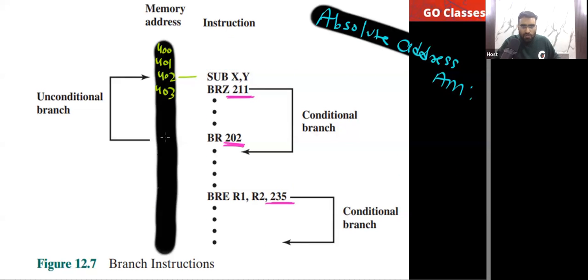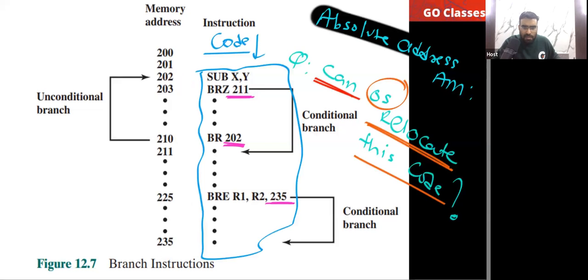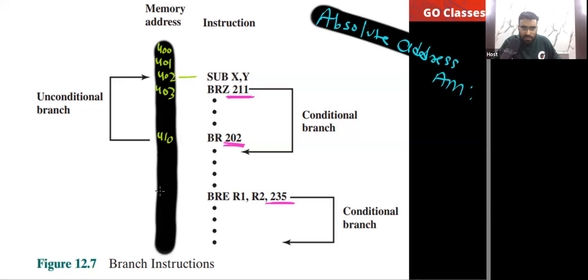And then 410 is this. And then 425 is this, and so on. Let's assume the operating system has relocated.